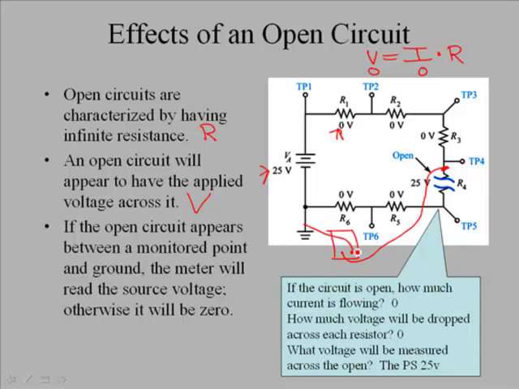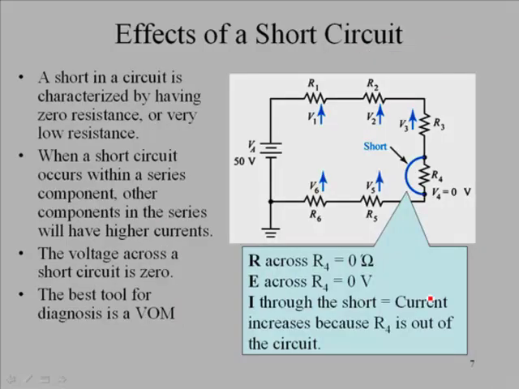And so in that situation, it's just what we just previously described, that in this case I would read the supply voltage. And as a note down here, if the circuit is open, how much current is flowing? None. How much voltage will be dropped across each resistor? 0. What voltage will be measured across the open? And that is the power supply voltage.